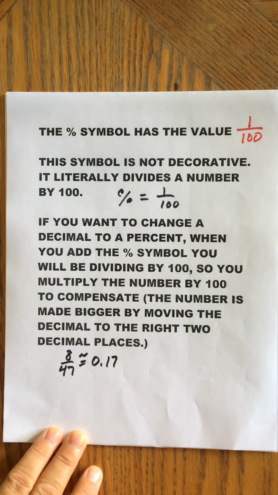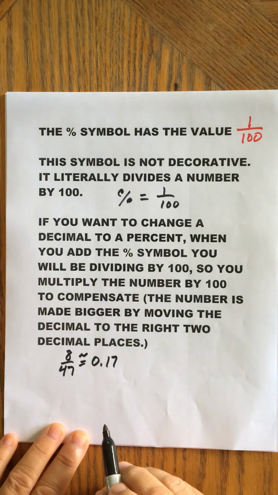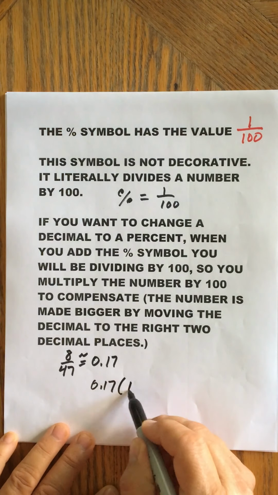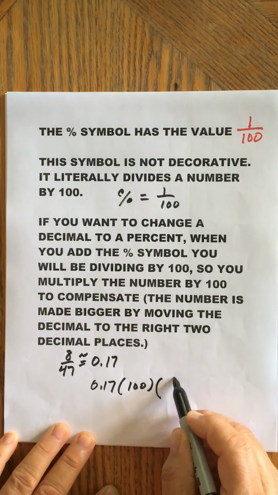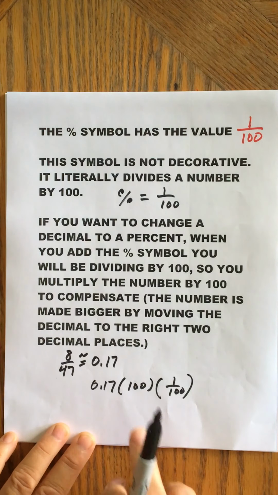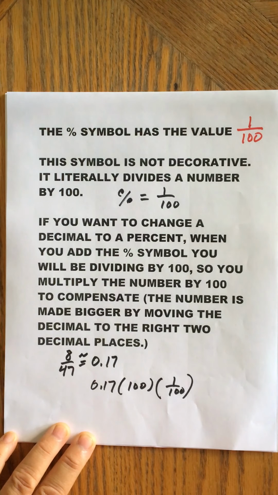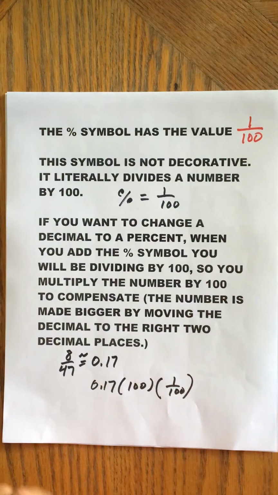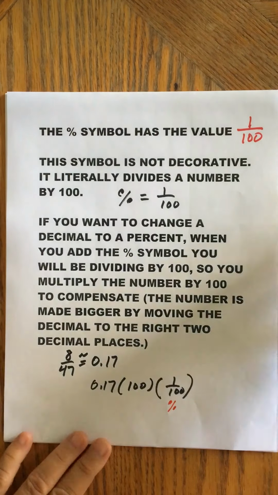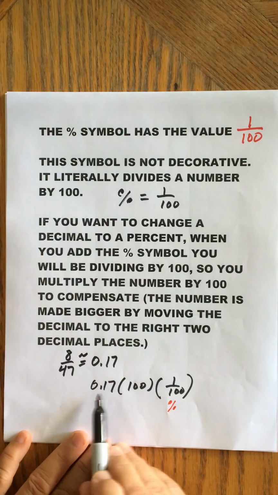That's its decimal form. But I want to put that percent sign in there. So I want to take 0.17, multiply by 100, and also divide by 100, so that I'm not really changing the value of the number. These two together are really just multiplying by 1. But now I can say, this 1 over 100, that's the percent symbol. And now I multiply this number.